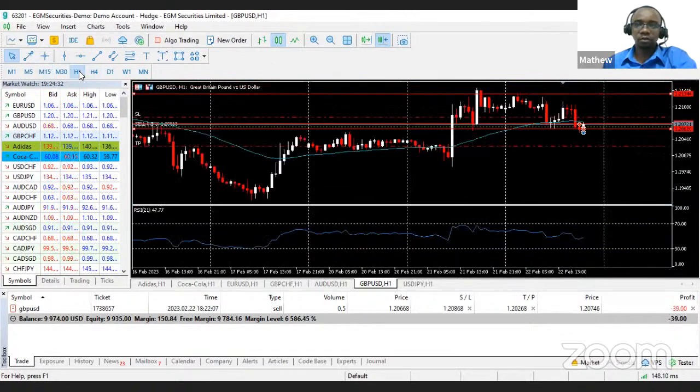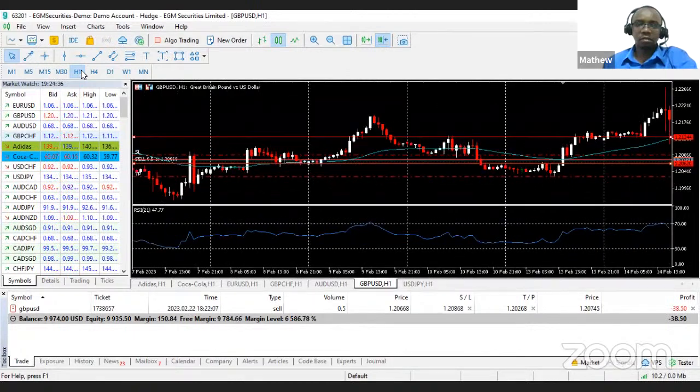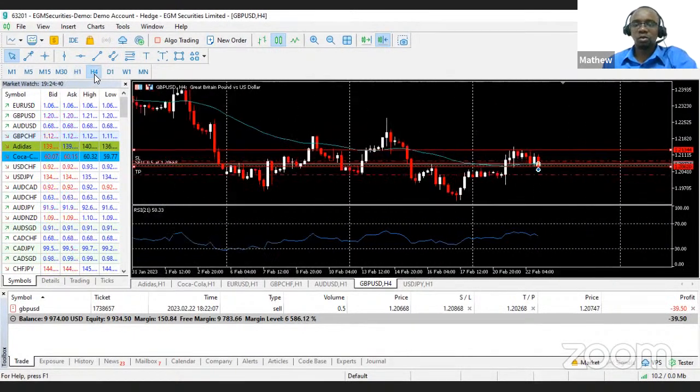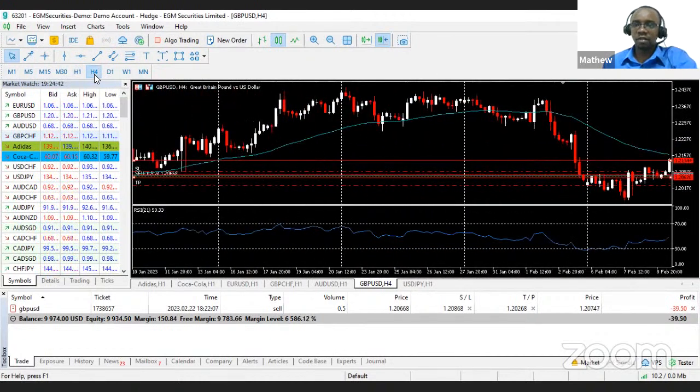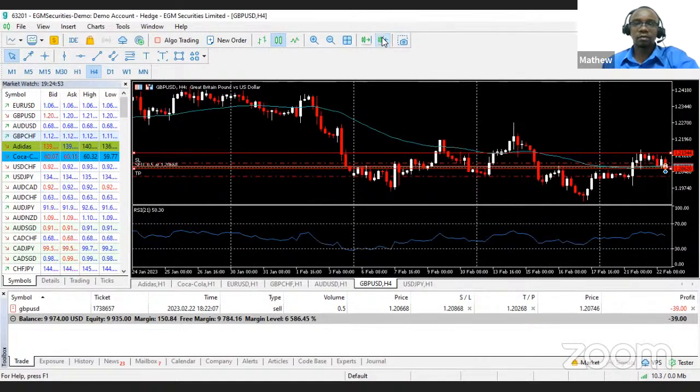Let's say H1. You should be able to look at what has been happening previously, and that way you're able to look left, trade right. I believe as a trader, your work is to make sure that you understand where price is coming from before you make your anticipation or your projection. So to go back to where price is, you just need to click this.